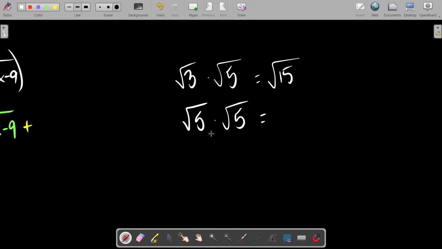What is the root 5 times the root 5? It is just 5. We can bypass the middle step because the middle step would have been root of 25, and then we just shoot down and get 5. The moral there is that if you multiply two identical roots, it's like you knew this, you just get what's inside, right?